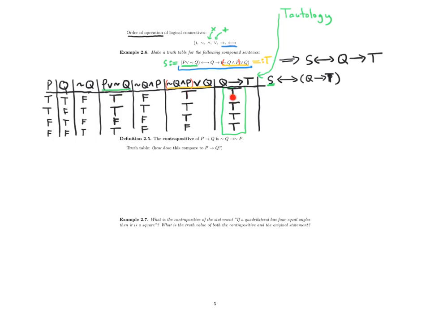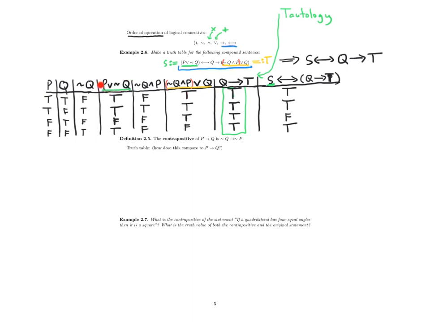And remember, biconditionals are true exactly when the truth values of both sides match, and false when they don't match. So let's go ahead and look at it. Here we have true, true. So this is true. Here we have true, true. They match, so that's true. Here we have false, true. They don't match, so this is false. And finally we have true, true. So this is true. And in some sense, in this example here, you can see that adding this tautology on one side of an if and only if really didn't change anything.